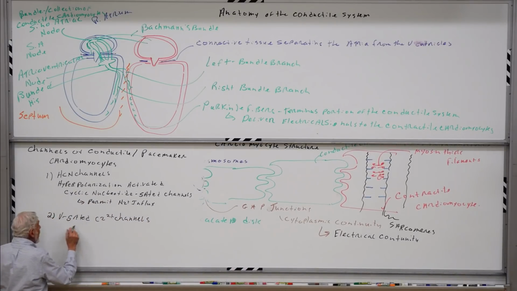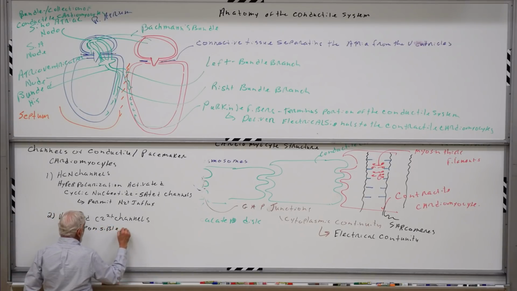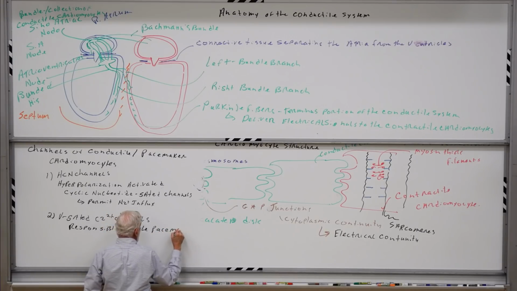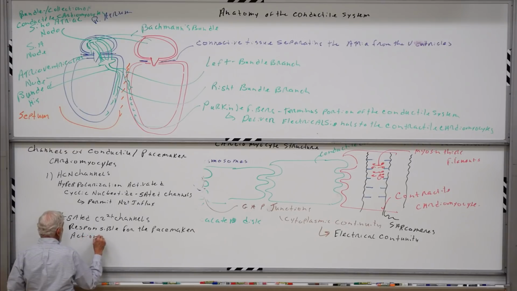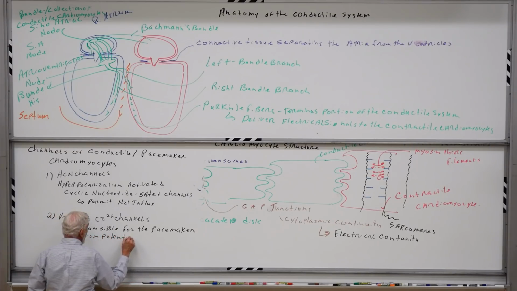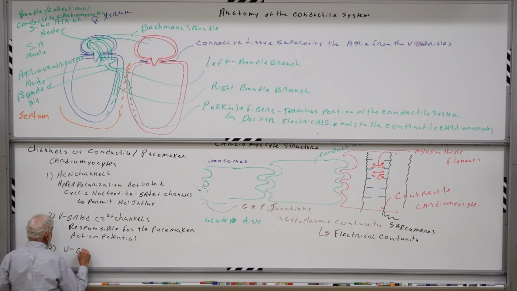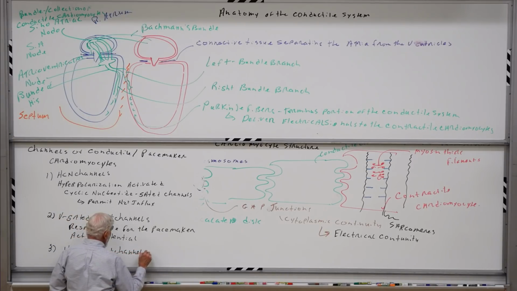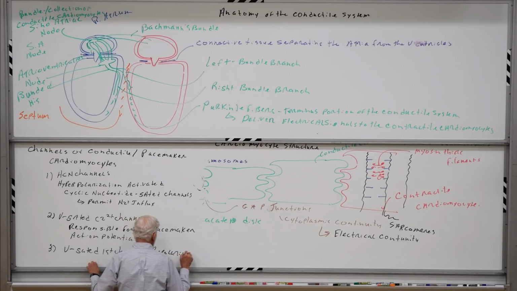These voltage-gated calcium channels are responsible for the pacemaker action potential. And the third character here is going to be a voltage-gated potassium channel. Its function, as we've seen before, is to repolarize the membrane.